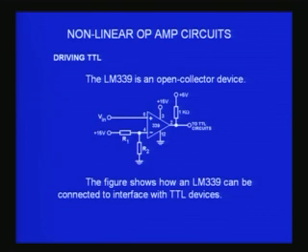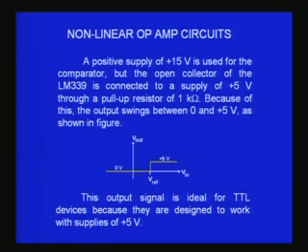Because it is connected through an open collector output to 5 volts, the output will be clamped at 5 volts and 0 volts, and therefore it becomes compatible with TTL devices or digital circuits. The pull up resistor is around 1 kilo ohm.